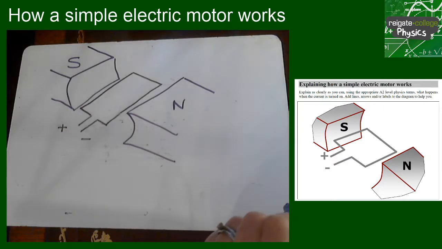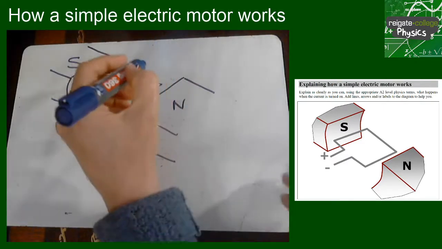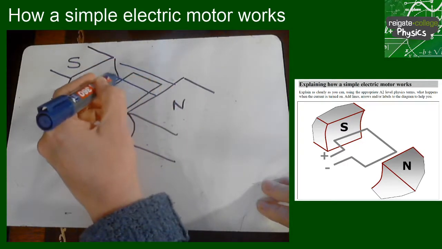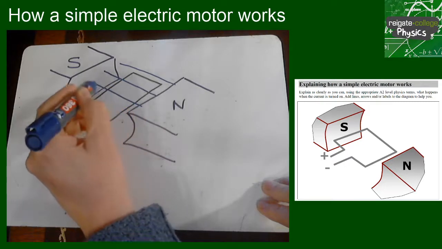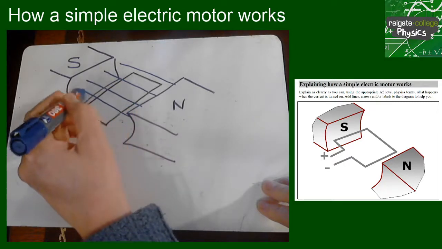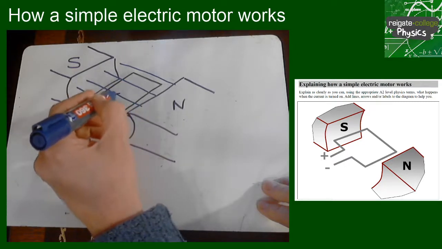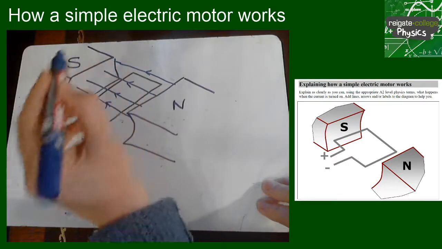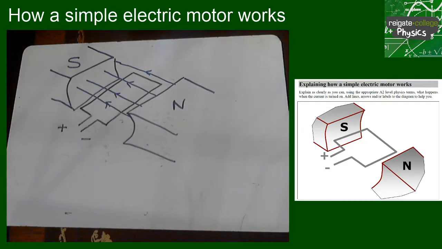Magnetic field lines, as you will remember, go from north to south, and you've got a nice uniform field passing from the north pole of the magnet to the south pole of the magnet there, and we'll add our arrows like that. Okay, so there are magnetic field lines.